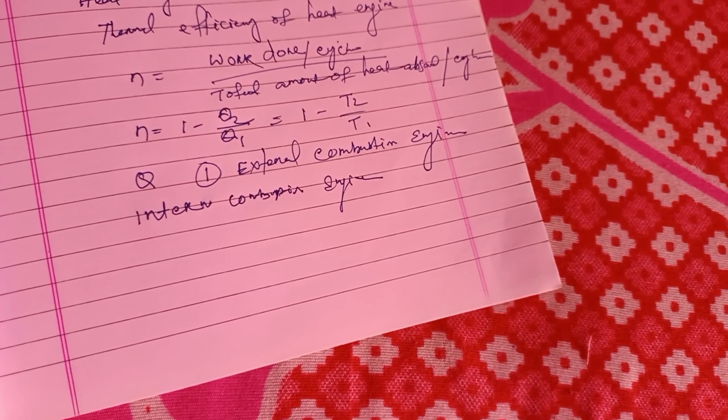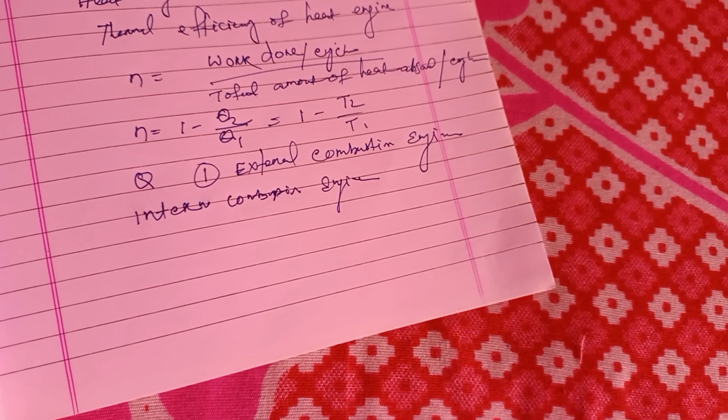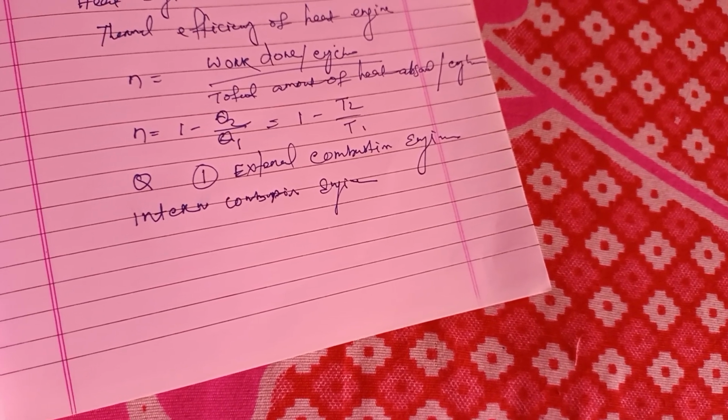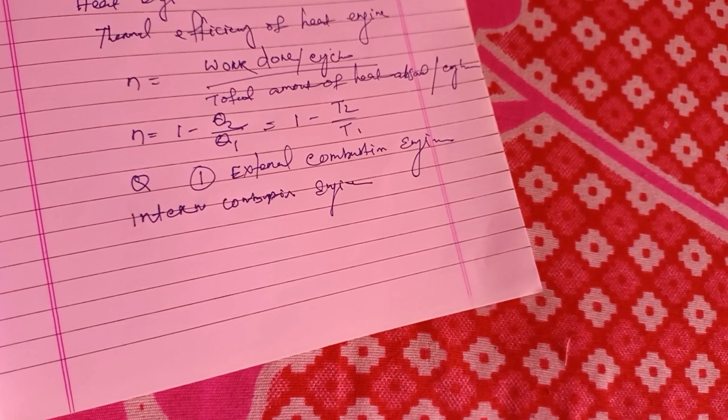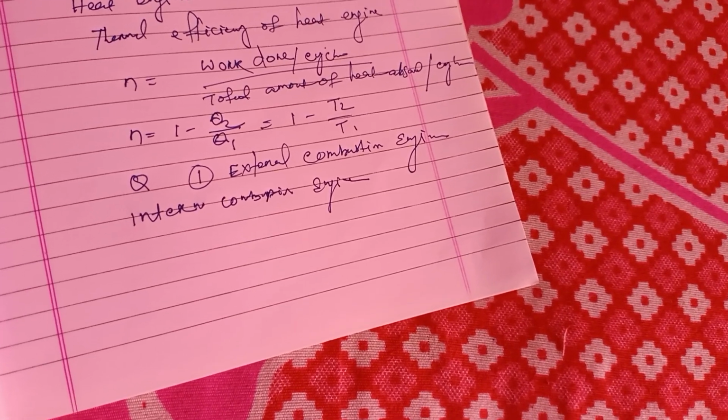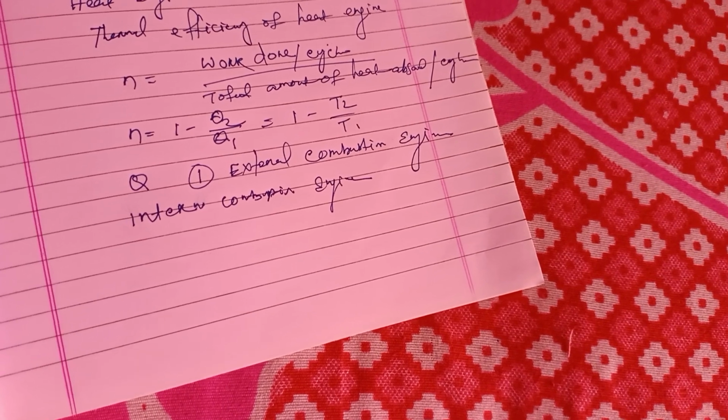Example: petrol engine or diesel engine. In practical life, the thermal efficiency of a petrol engine is up to 26% and a diesel engine is 40%.